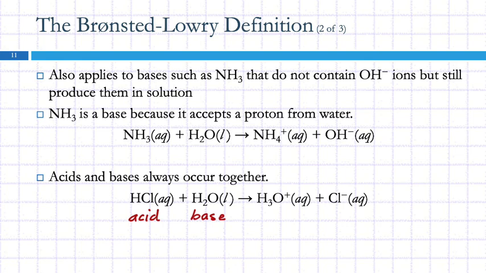In the one above, NH3 is a base. It's accepting a hydrogen ion, a proton. Who's it getting it from? H2O. So here, water is acting as an acid. So if you have an acid, there will be a base.